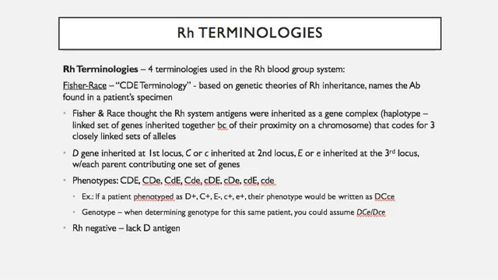So in this Fisher-Race terminology, patients can phenotype as any of these phenotypes that you see here. If a patient is phenotyped, meaning that they are tested against antisera, their red cells are tested against commercially prepared reagent antisera.